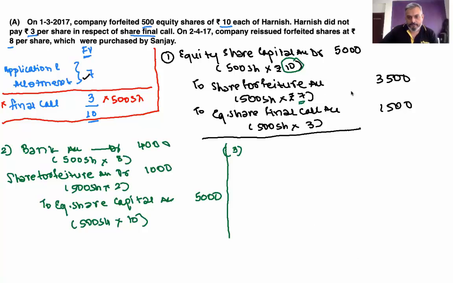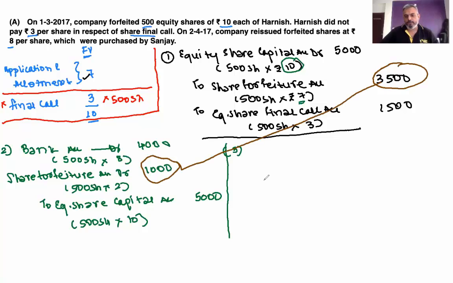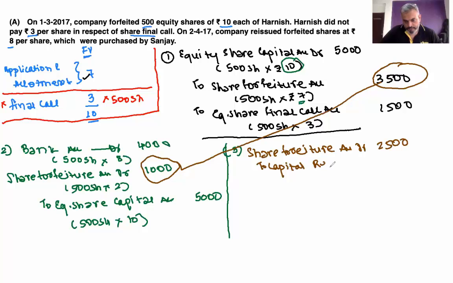Now forfeited 500 shares, reissued 500 shares. So we can directly do credit minus debit. That comes to 2,500. So we write the entry: share forfeiture account debit, 2,500 to capital reserve, 2,500.